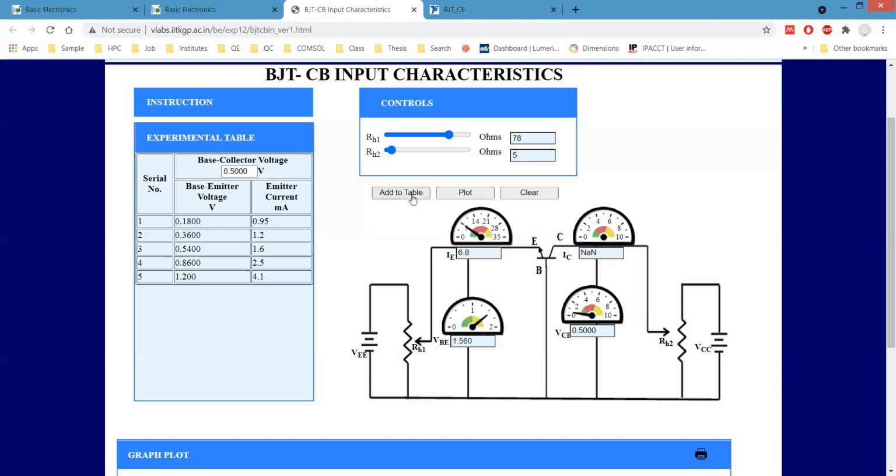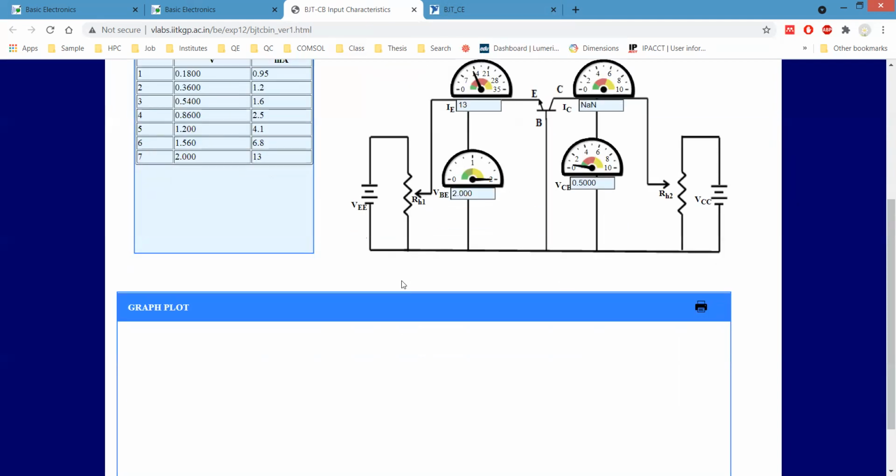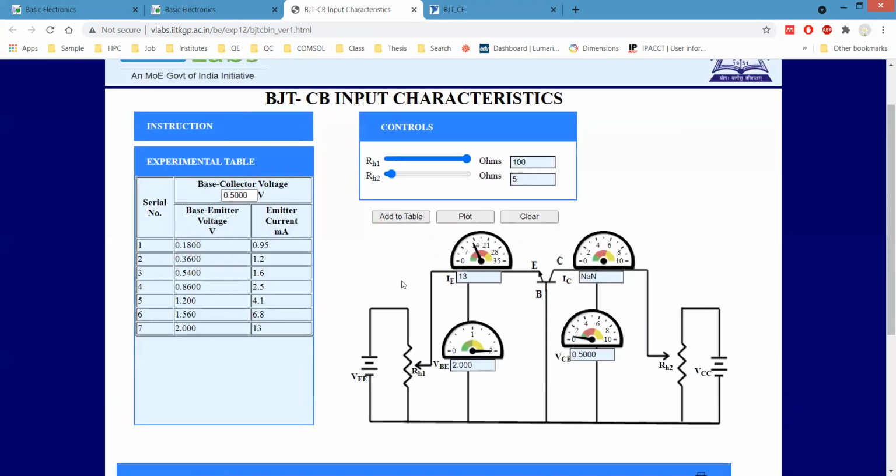So you can see the current is gradually increasing. For the maximum value of 2 volt, it is 13 milliamps. Now I think we can have a plot, so we'll copy all this data and plot it over here.